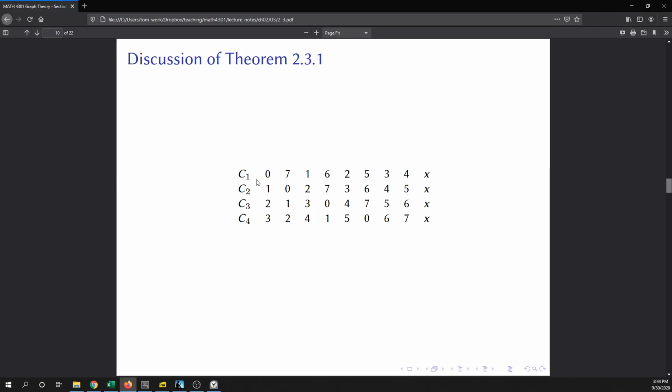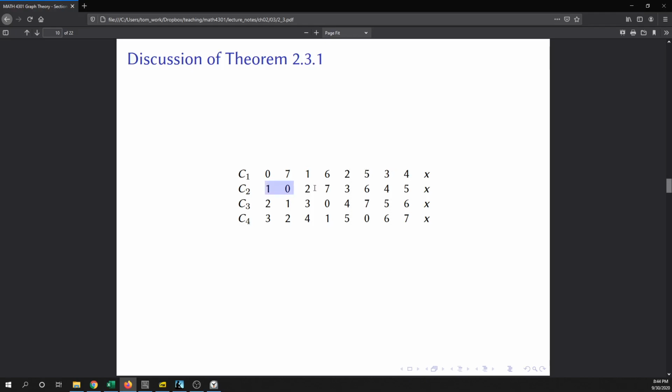All right, and another interesting thing here is that you can get the next cycle, the vertices in there, by adding 1, and then modding out by 8 in this case. Okay, so 0 plus 1 is 1, 7 plus 1 is 8, mod 8 would be 0. 1 plus 1 is 2, 6 plus 1 is 7, 2 plus 1 is 3, 5 plus 1 is 6, and so on and so forth.